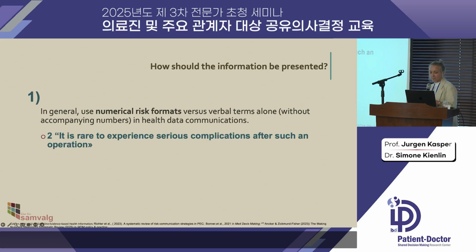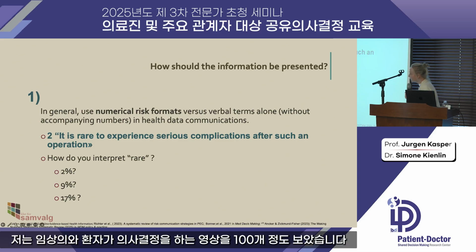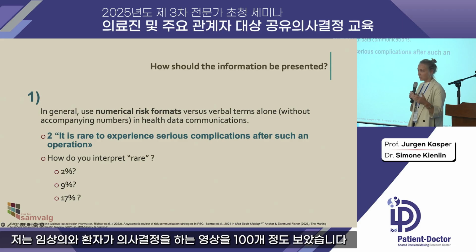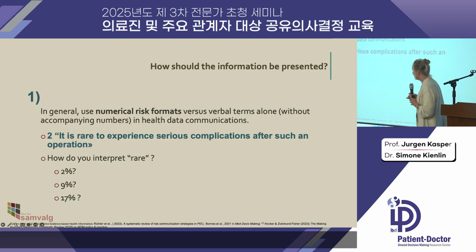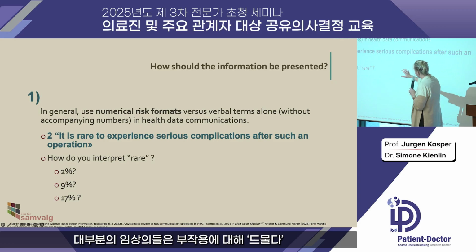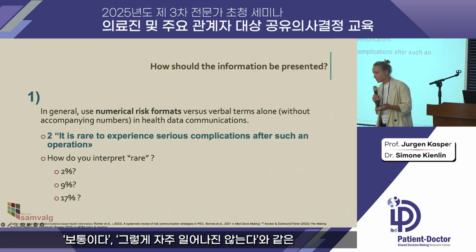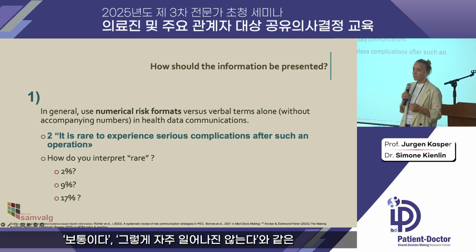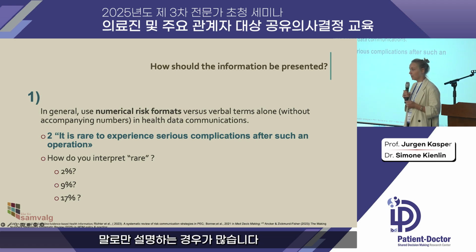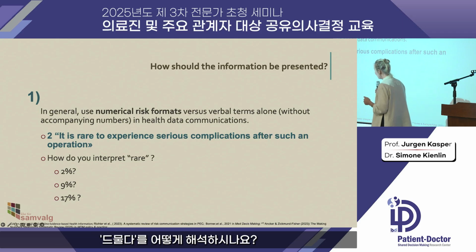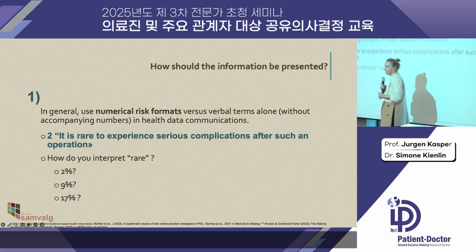I have watched hundreds of videos where clinicians make decisions with patients, and a lot of what we hear there is, it's rare to have a side effect, or it's moderate, or it doesn't happen so often, or few. Verbal terms like this are very subjective in how we interpret them. So I would like to ask you, how do you interpret rare?